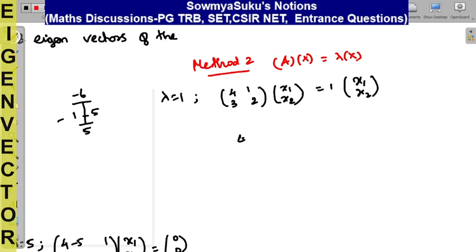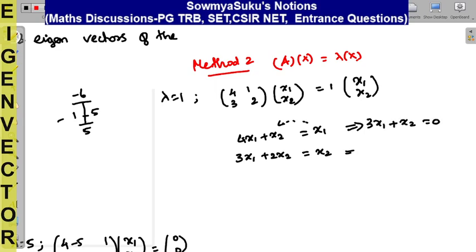So 4x1 plus x2 equals x1, and 3x1 plus 2x2 equals x2. This gives 3x1 plus x2 equals 0 and 3x1 plus x2 equals 0, so both equations are equal.